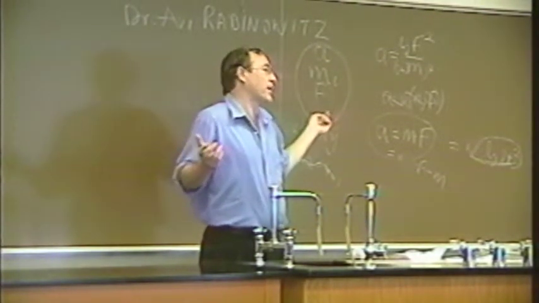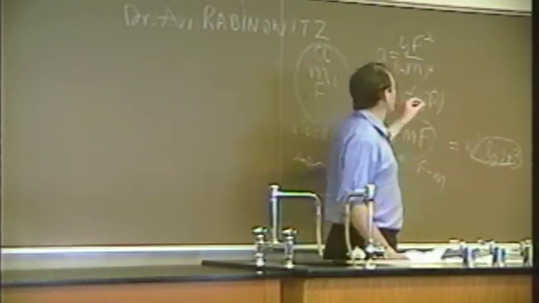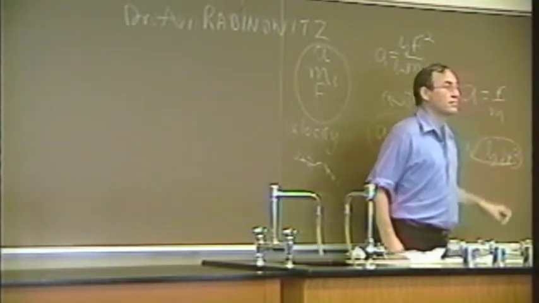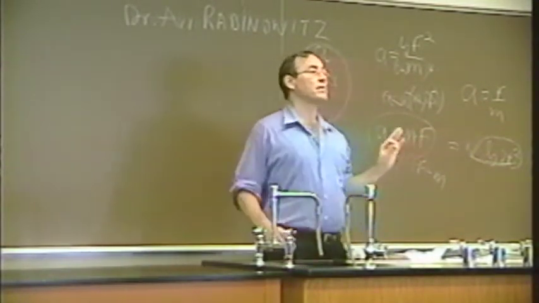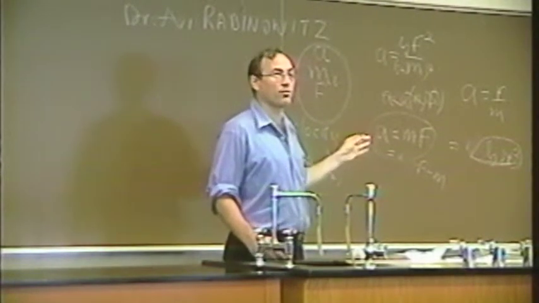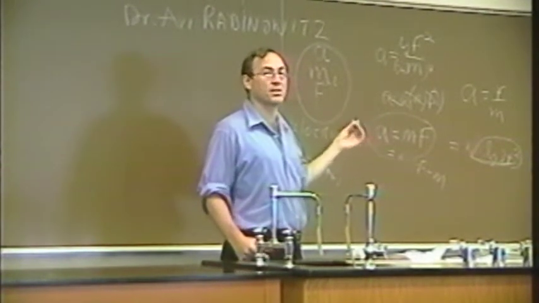You don't know that. You have to test it, right? As it turns out, it's this. That's amazing. It's the simplest possible formula that could possibly result. A is equal to F over M. It can't possibly be simpler.